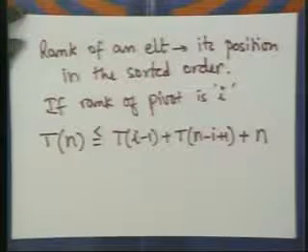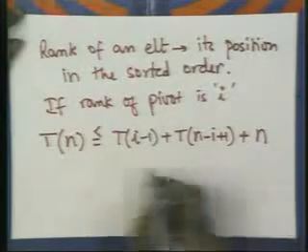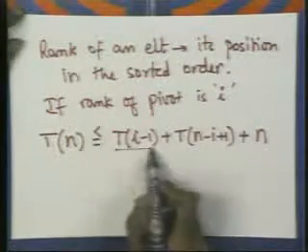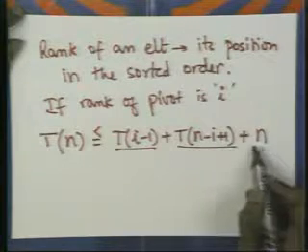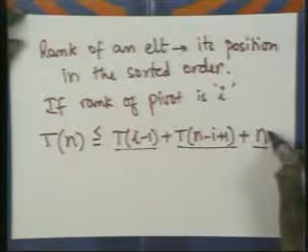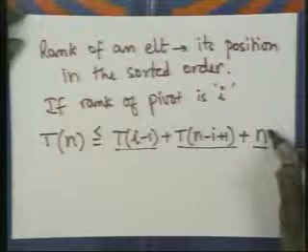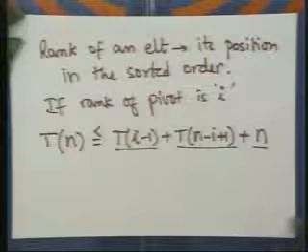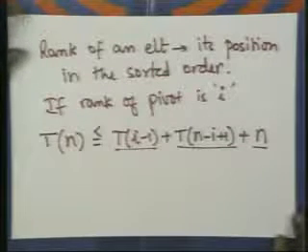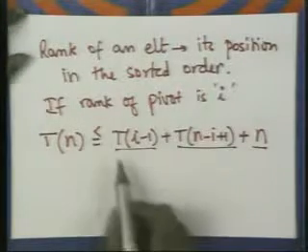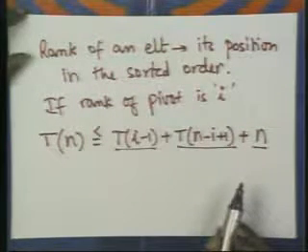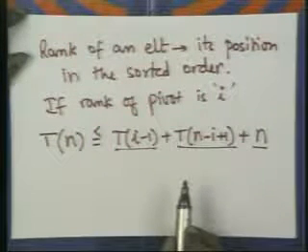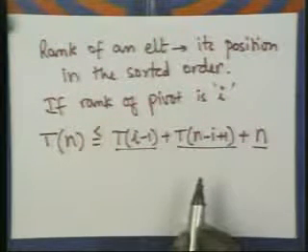So if the rank is i, then the time is at most T of i minus 1 plus T of n minus i plus n. This n is the time taken to partition the array, because every element was compared to the pivot exactly once. So what is the solution to this recurrence? Clearly it depends on i, and for various values of i it varies.